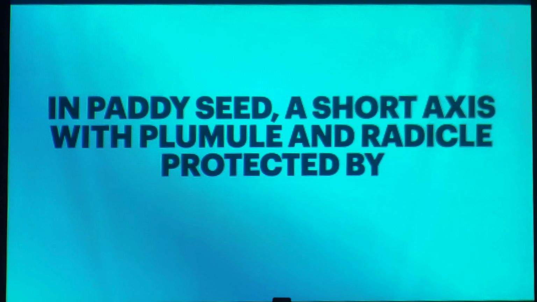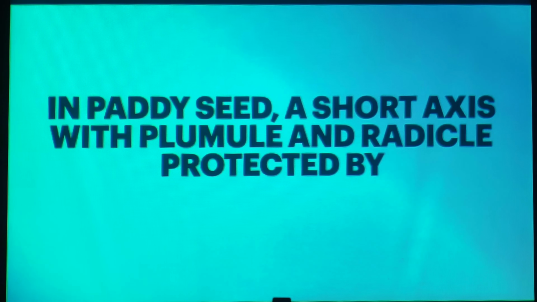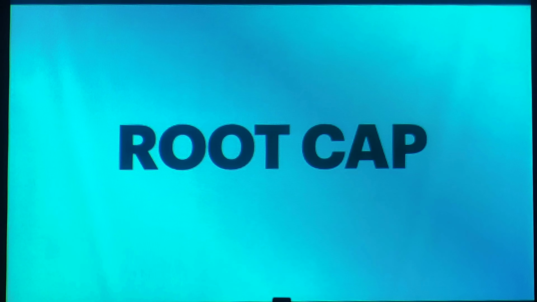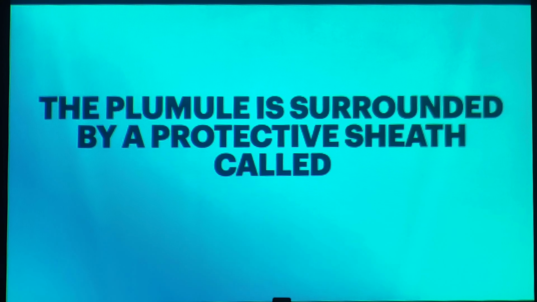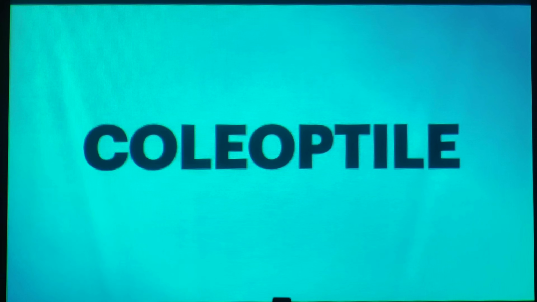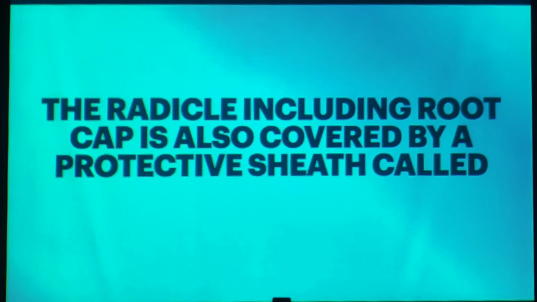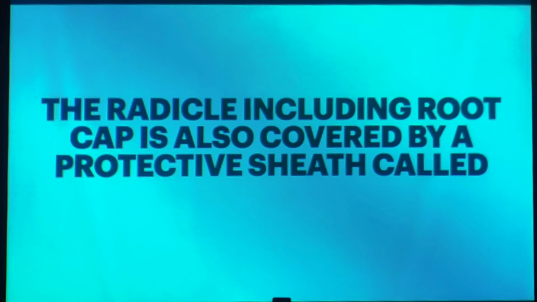In paddy seed, a short axis with plumule and radicle protected by root cap. The plumule is surrounded by a protective sheath called coleoptile. The radicle, including root cap, is also covered by a protective sheath called coleorhiza.